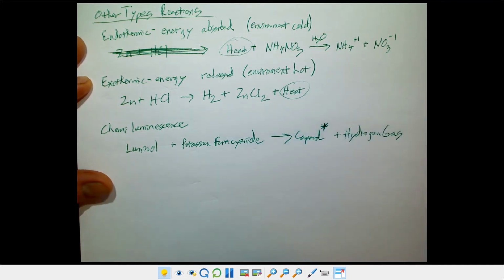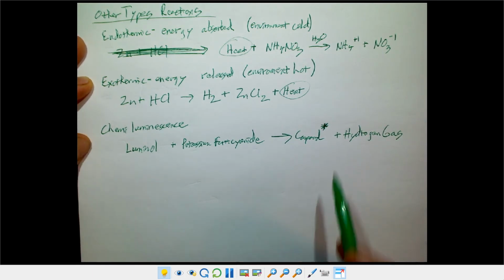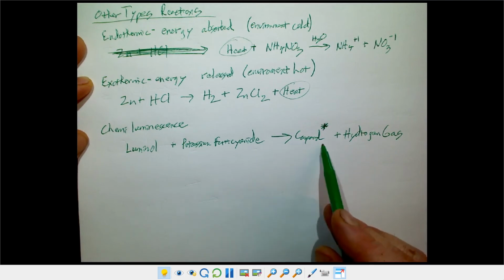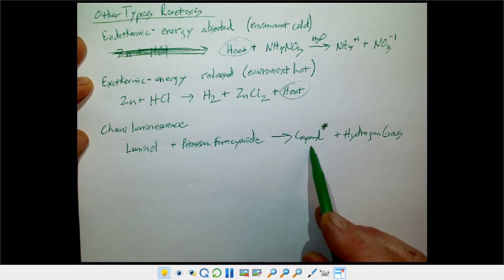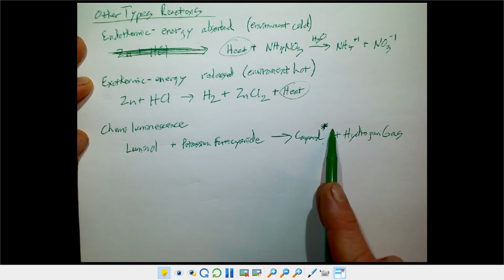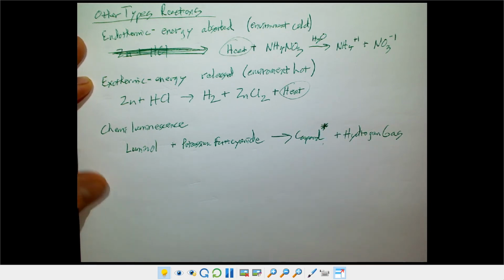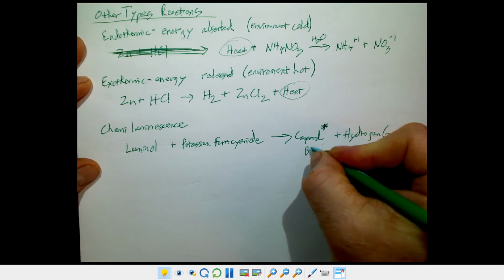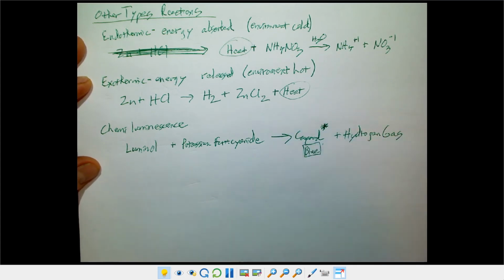And so as a result, typically what you will see if something's a chemiluminescence reaction is that they'll put the actual chemical formula, or they'll write the word for it, and they'll put a little asterisk above it, which just means that substance is emitting light in that process, which is really cool. And you get like this blue kind of color that's emitted from this type of reaction. So that's a chemiluminescence reaction.